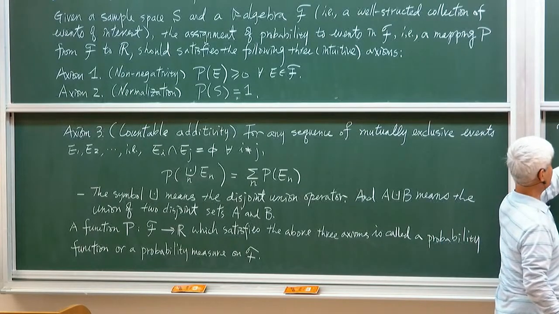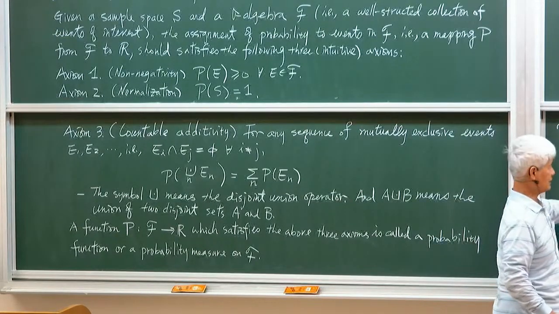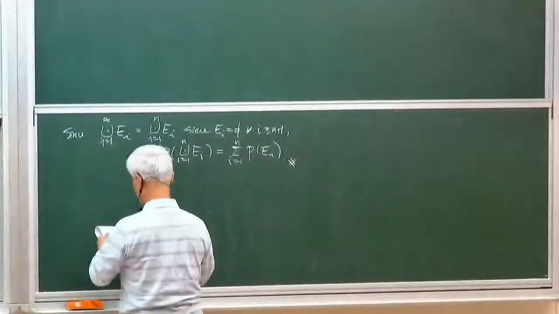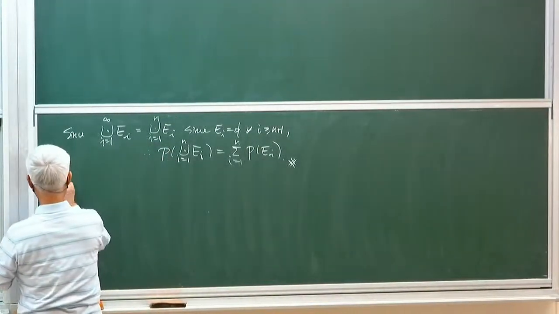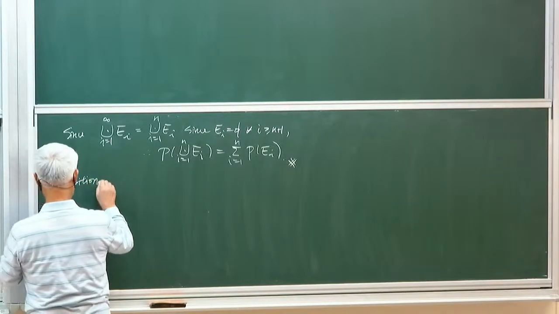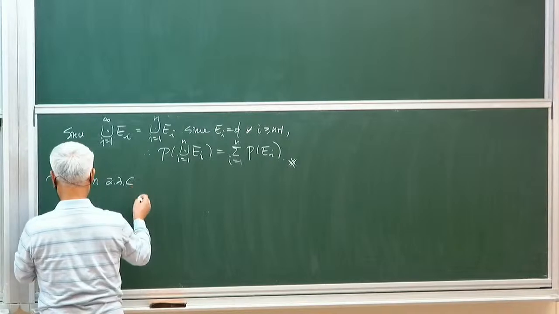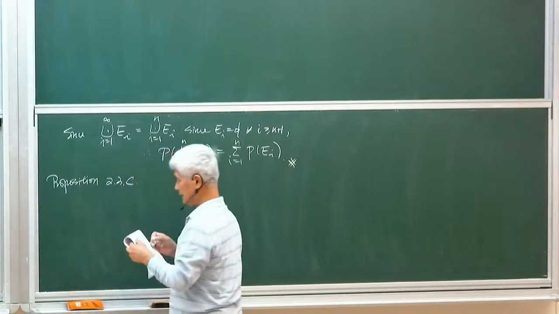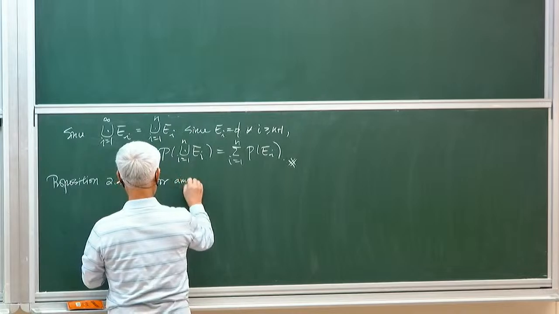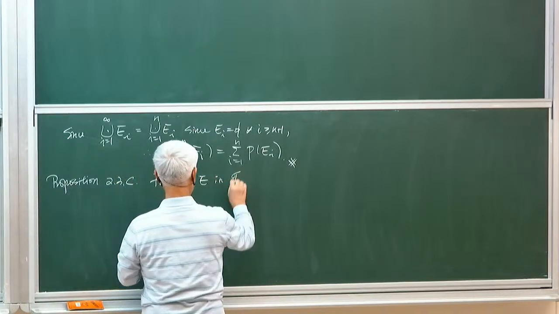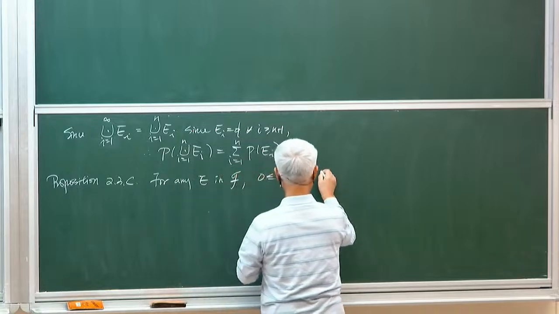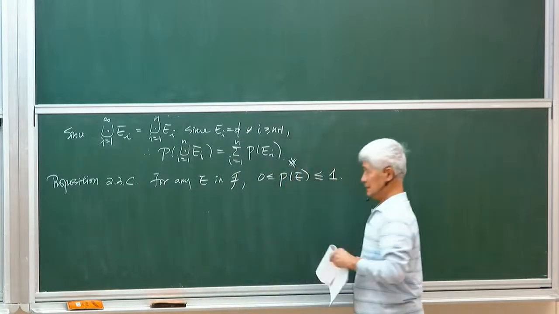All right, so the second proposition is finite additivity. And the third proposition is that for any event in the sigma algebra, its probability assignment would be between 0 and 1.